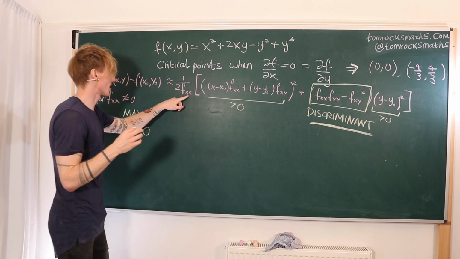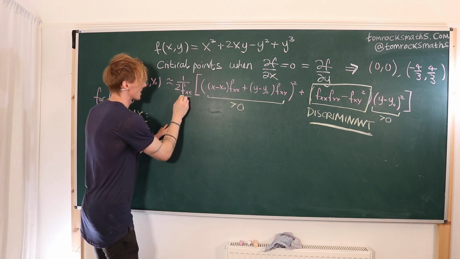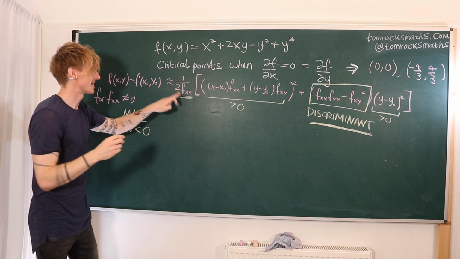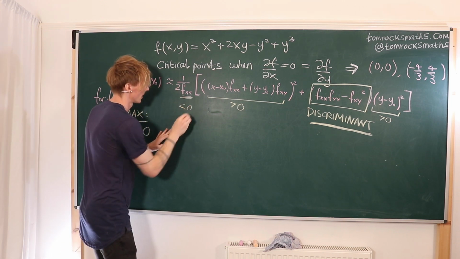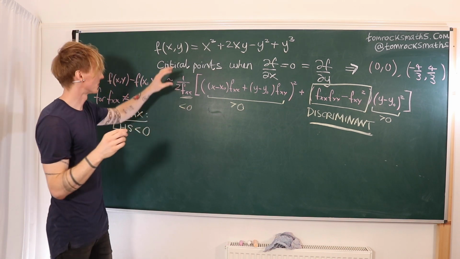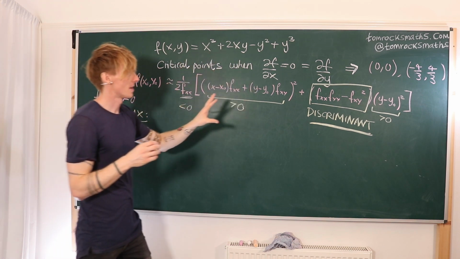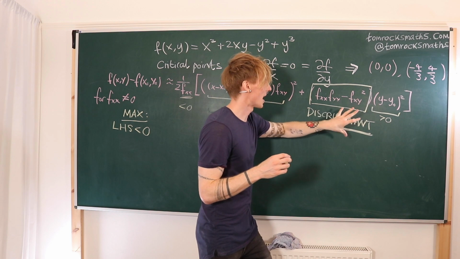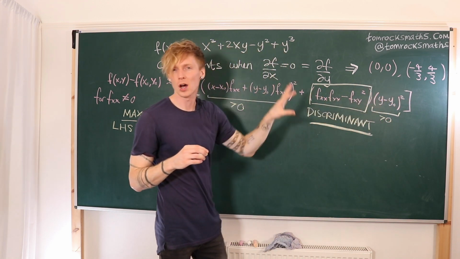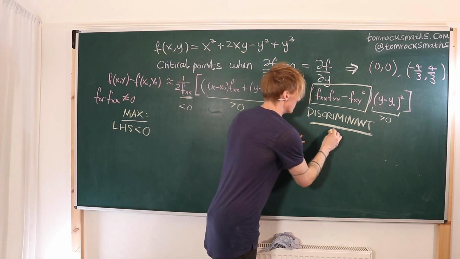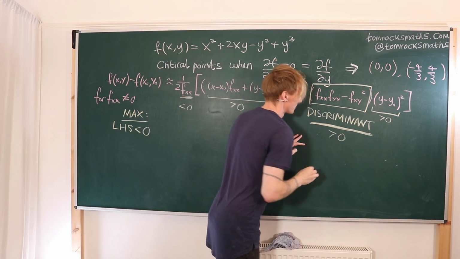So this we actually expect to be negative. So this fxx for a maximum is negative. So now we have negative times positive, so that's negative. Then we have the discriminant and then something else that's also positive. So what that means is that in fact our discriminant must be positive.